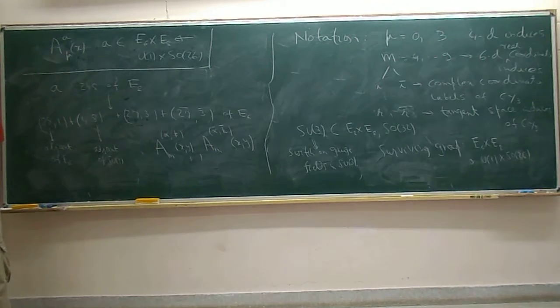Is this clear so far, what we are doing? We are breaking E8 into E6 cross SU3 representations. So to begin with, we have this A index taking 248 values, right? Those 248 values you are splitting into 78 and so on. These are the adjoint of E6.